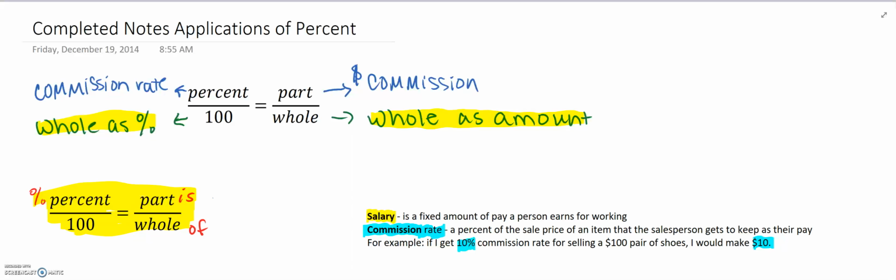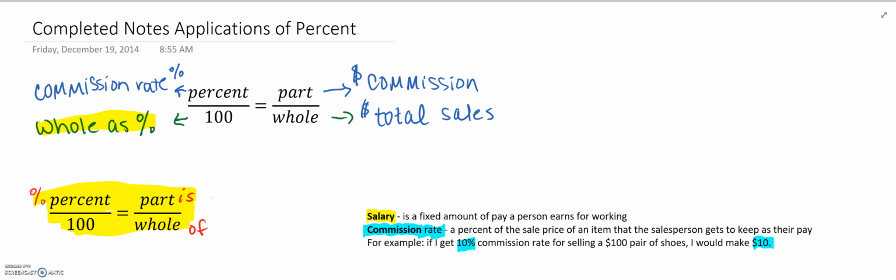So commission rate as a percent should be across from commission as a dollar amount. Our whole as a percent will be across from the whole as an amount, and in this case, the whole will be how much the salesperson sold, or the total sales as a dollar amount. So the total sales is represented as 100%.